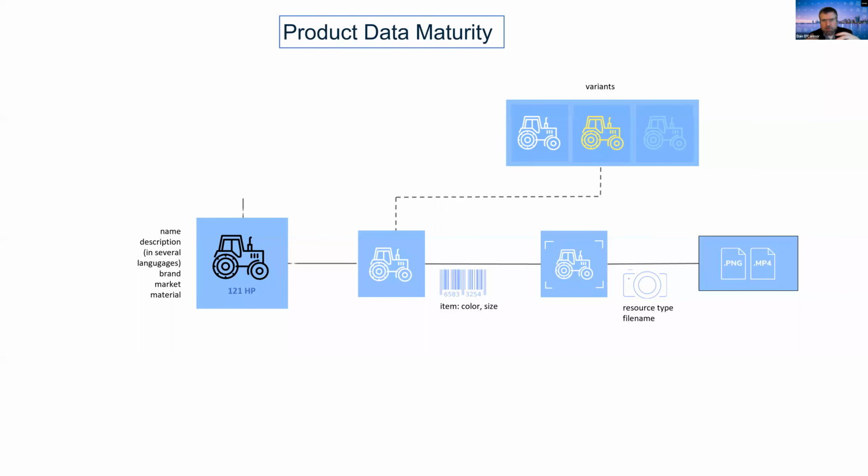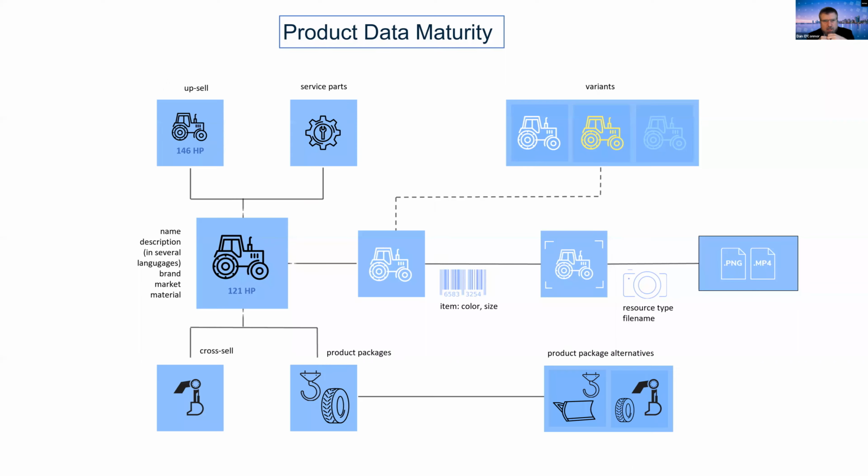But as you try to get deeper into those maturity curves, if you can click, Seth, what you're going to see is the upsells and then cross-sells start to become more important. And sometimes you need to be able to curate them. Sometimes you just need to be able to build data sets off of it. Service parts and bundles become part of that, because in the service parts industry, just being able to provide a part that replaces another part generates generally about 20% returns for incorrect usage of the parts.